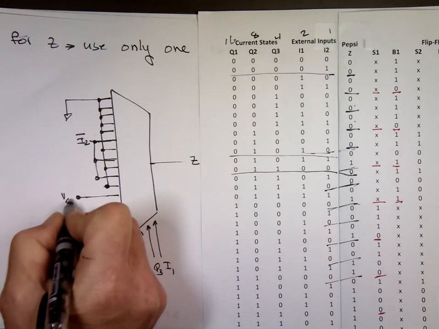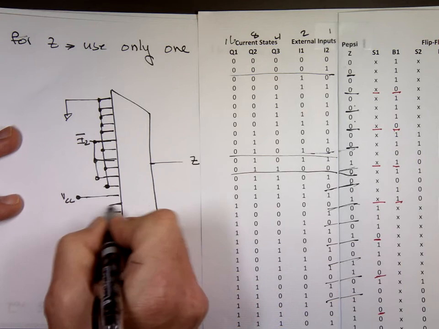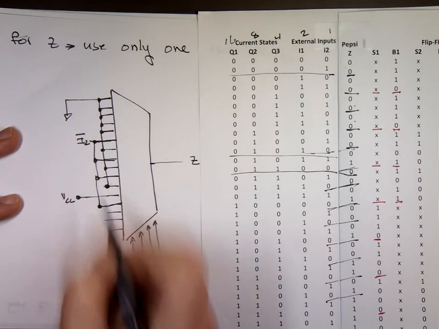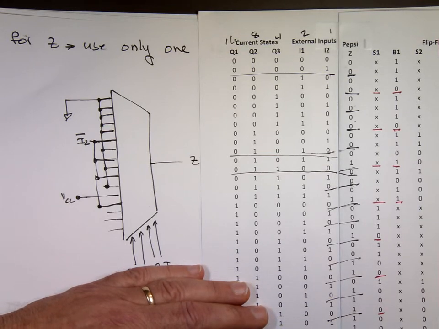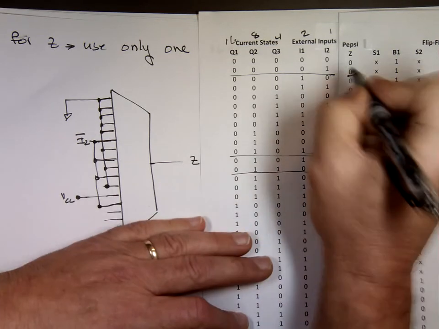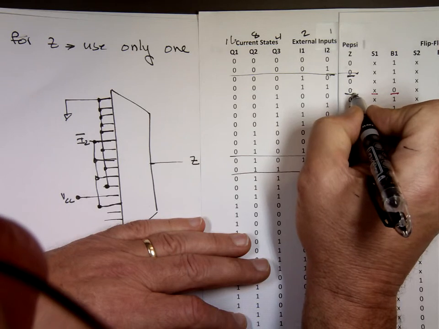The next one, I2 not. And the next one, VCC, VCC. Oh, looks like I'm missing one here. Did I miss one? That was good. That's probably where. Here we go.